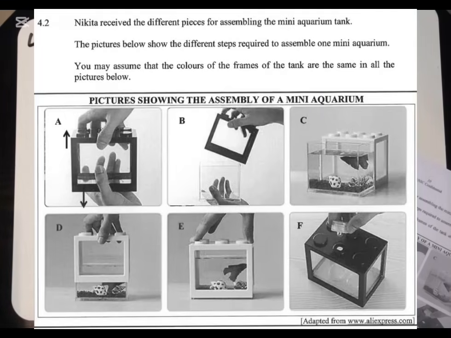We have A, B, C, D, E, F. You can see what's happening there by the look of the hands. Then choose a picture above that will match the written instruction below. Write down only the letter A, B, C, D, E, or F of the picture next to the question number.